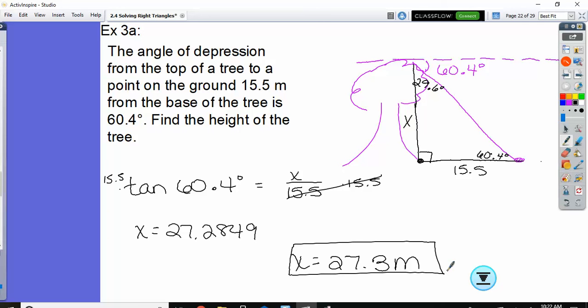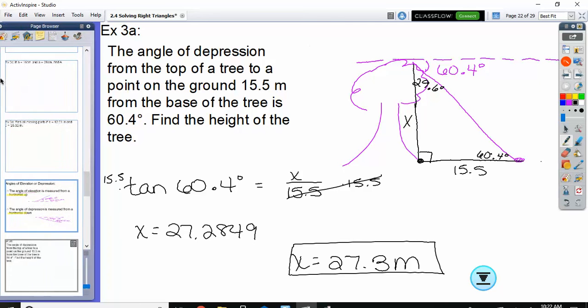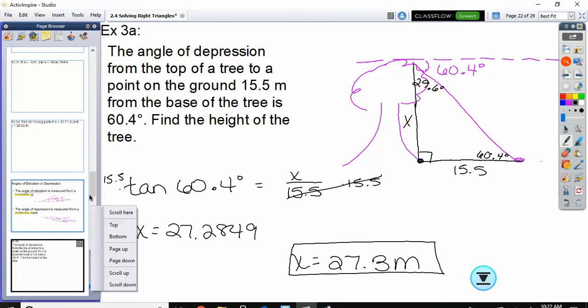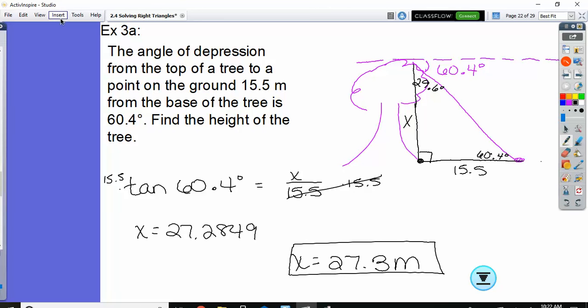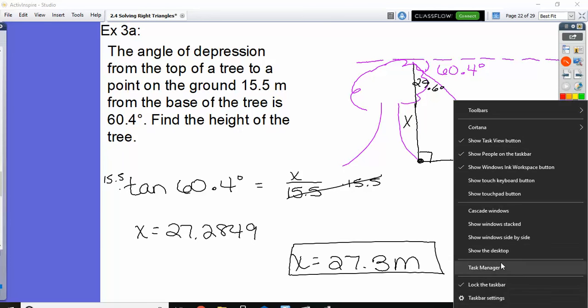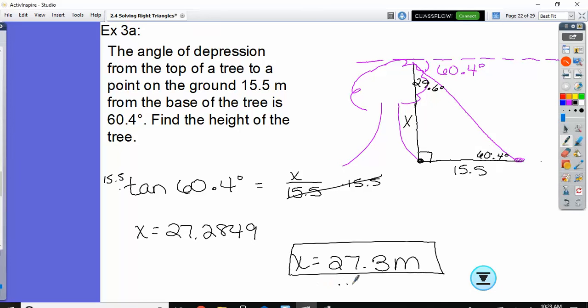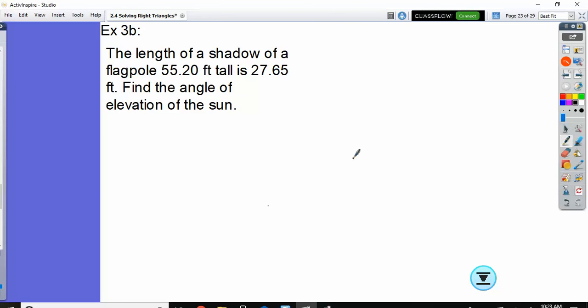Okay, let's do another one. The length of a shadow of a flagpole.